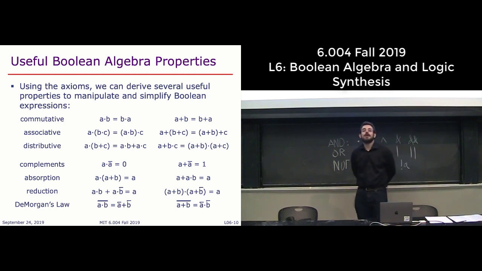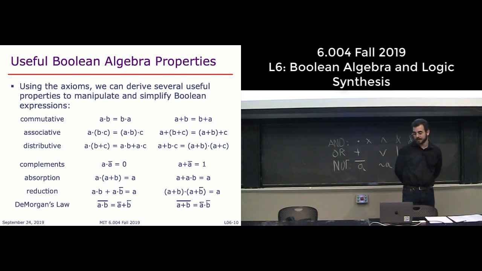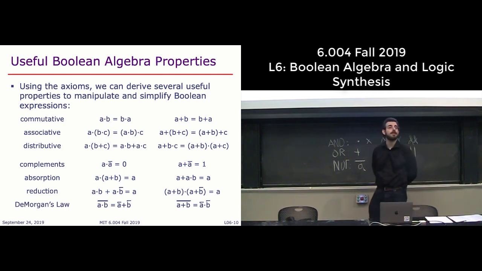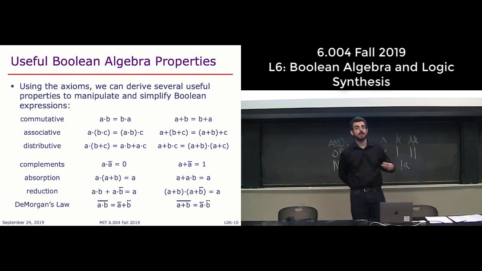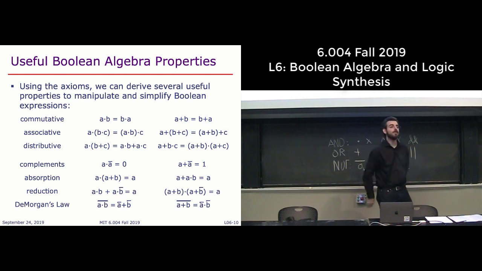So there are a few expressions or properties, essentially different equalities, that are very useful to learn because they help you manipulate expressions quickly. So when you're simplifying Boolean expressions, you'll basically want to memorize at least half of this table.